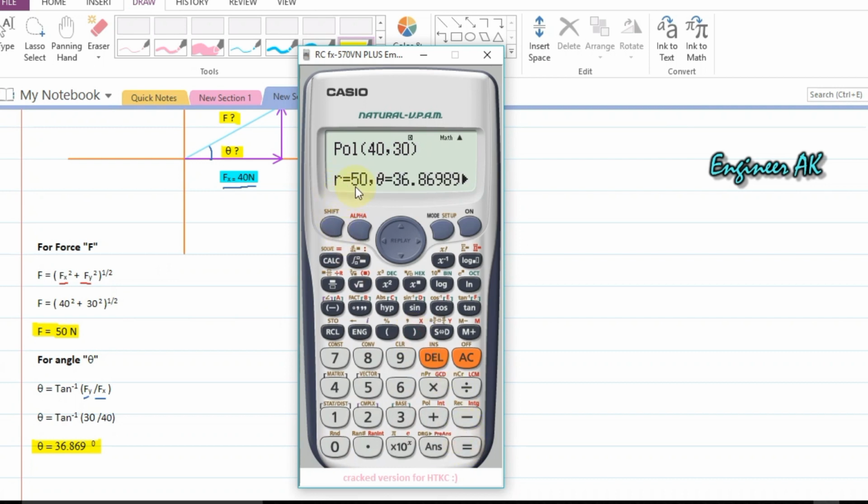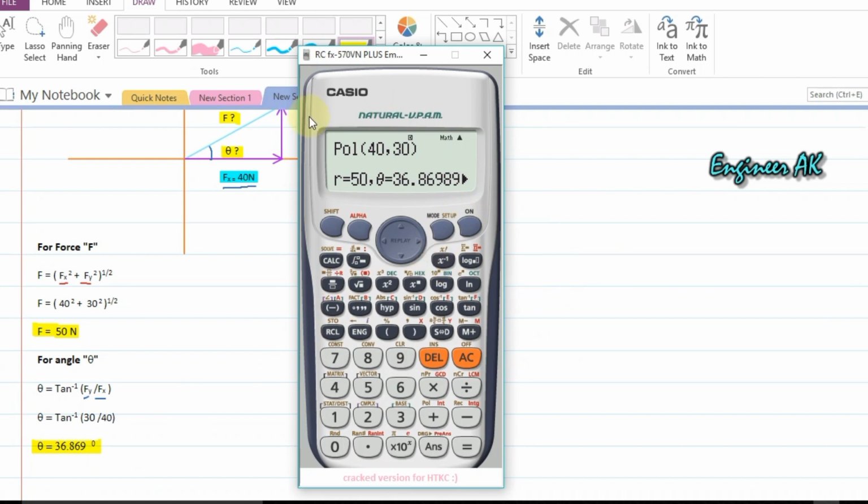Here we can see that R is 50, the same answer, 50 newton, and the angle is 36.869, and here also the angle is 36.869 degree.